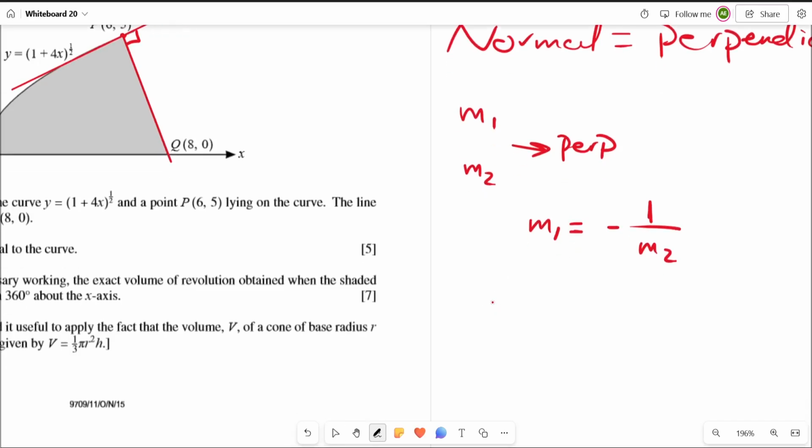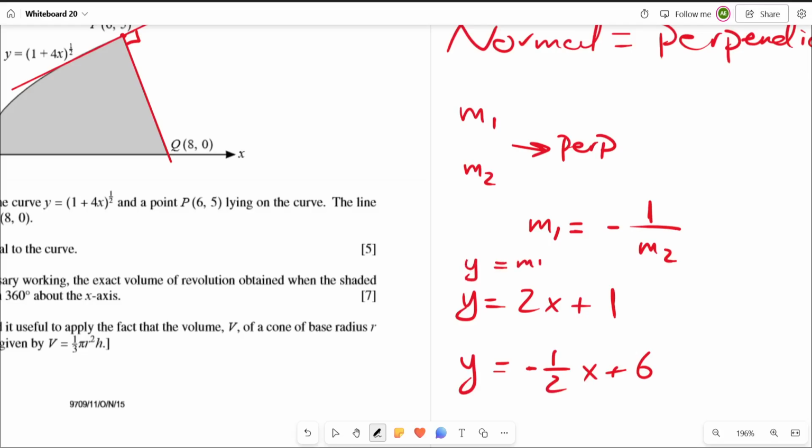For example, let's say the first line has the equation y equals 2x plus 1, and the second line has the equation y equals negative 1 over 2 x plus 6. We know that y equals mx plus c, so the coefficient of x is going to be the m.